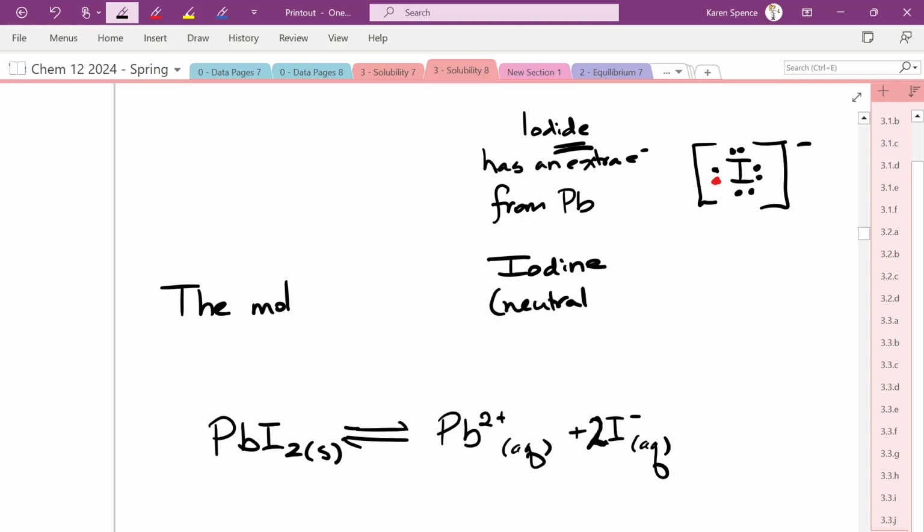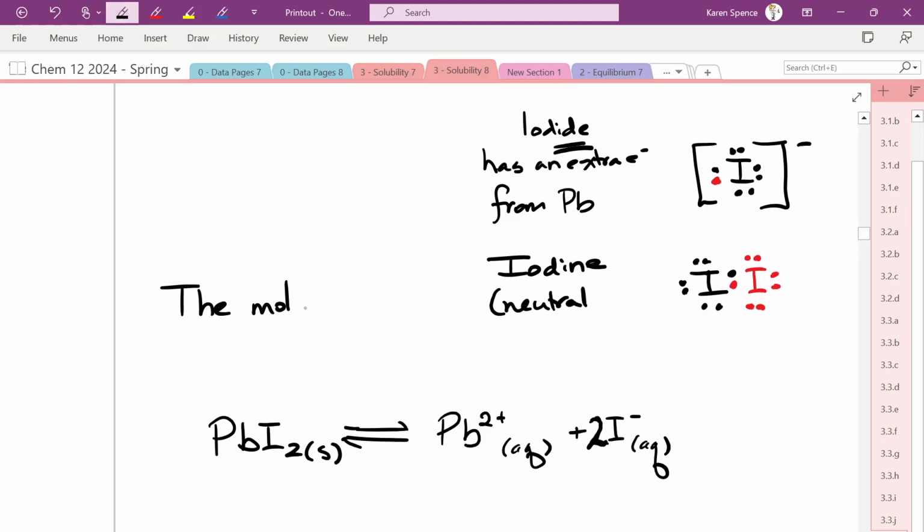That is because one iodine, with 7 valence electrons, pairs up with another iodine, with 7. Nobody has gained, nobody has lost. Everybody's neutral. That is I2. But if you have the ion, it's just single. Does that make sense? Cool.